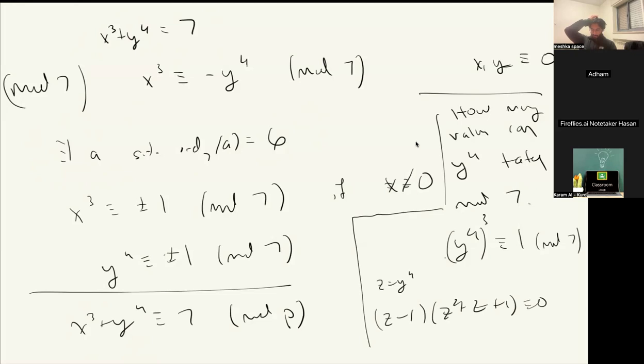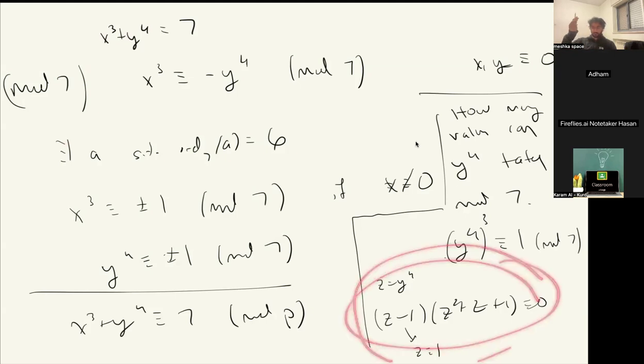The first one gives us that y to the 4 is congruent to 1 mod 7. And for the second, maybe we can let y to the 4 equal x. We have x squared plus x plus 1 congruent to 0 mod 7.